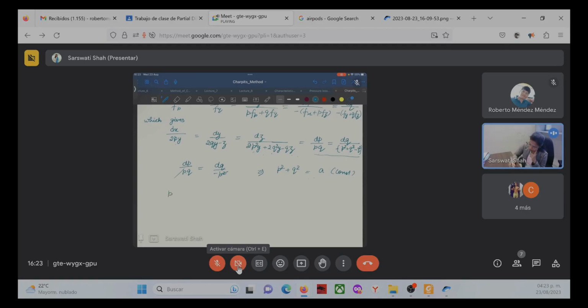So p dx plus q dy over 2p square y plus 2q square y minus q z is equal to dz.